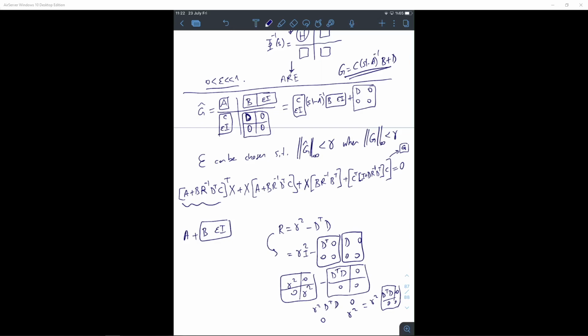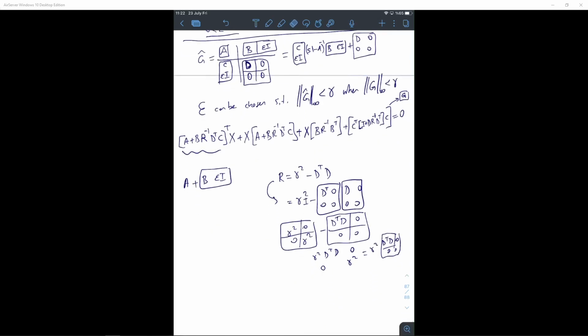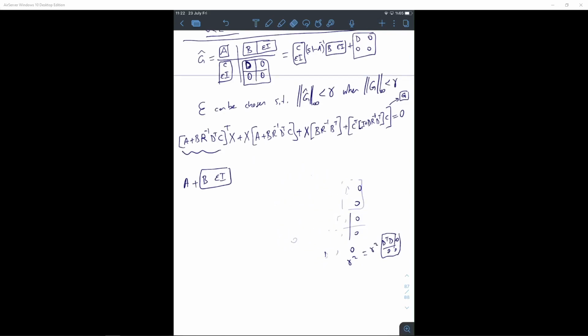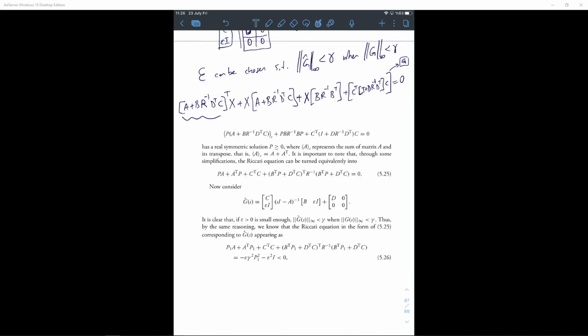For some reason I'm confusing myself. Here again, this is the algebraic Riccati equation associated with the G dynamic system, the Hamiltonian matrix, in Duan and Yu, LMIs in Control Systems.